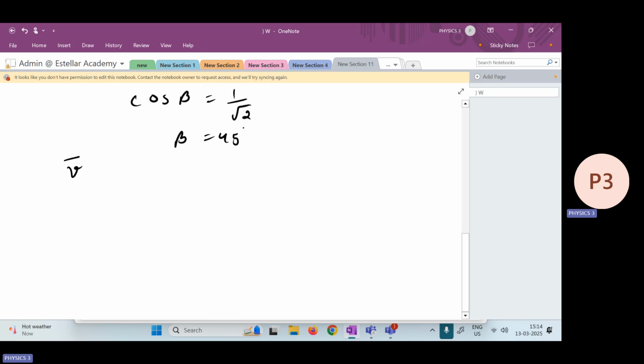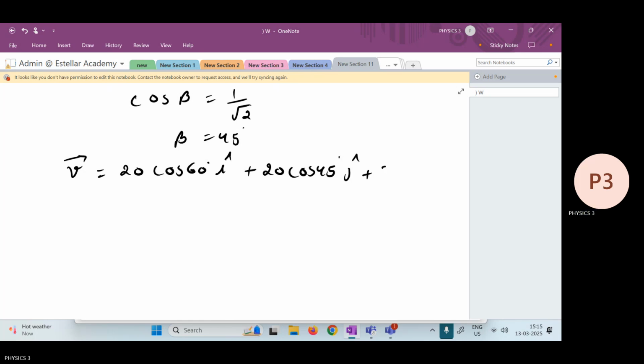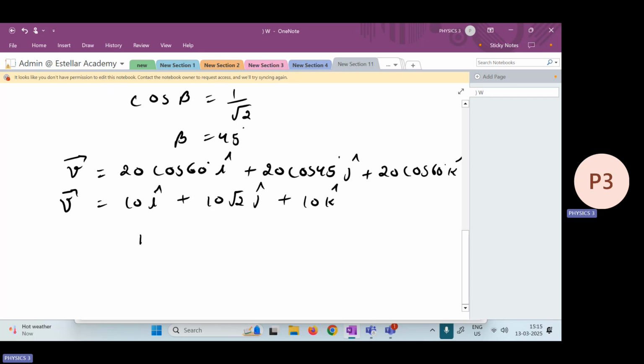So the velocity vector will be 20 cos 60 i cap plus 20 cos 45° j cap plus 20 cos 60 k cap. So the answer would be ten i cap plus ten root 2 j cap plus ten k cap. So B option would be the correct answer.